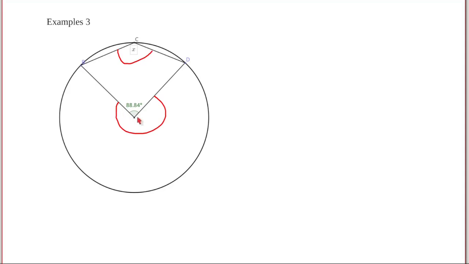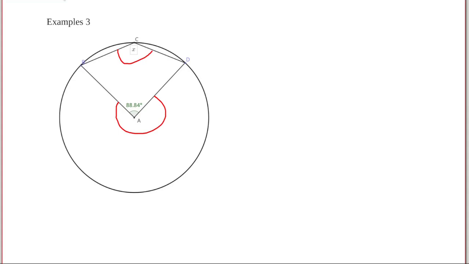Like that, this angle to that. So what's the value of this? We need to first find this angle here. But then let's try to recall some theory. Angles around a point give us 360. So if we just take away 88.84 from 360, we are going to get the angle here.